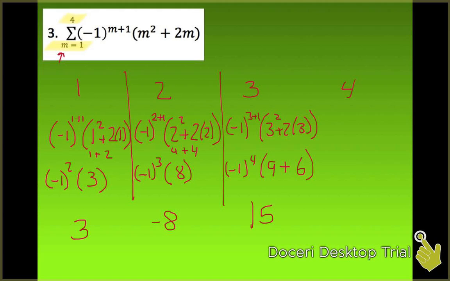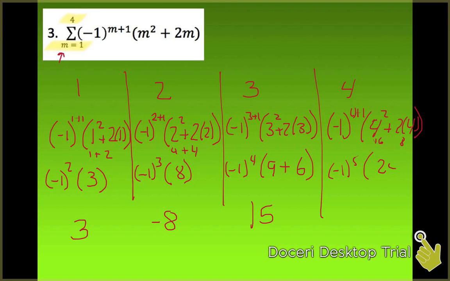And the fourth one there is going to be negative 1 to the 4 plus 1 times 4 squared plus 2 times 4. So this ends up being negative 1 to the fifth times 4 squared is 16, 2 times 4 is 8.